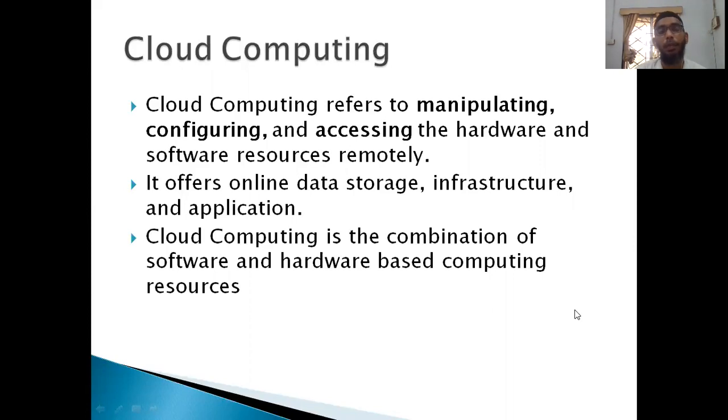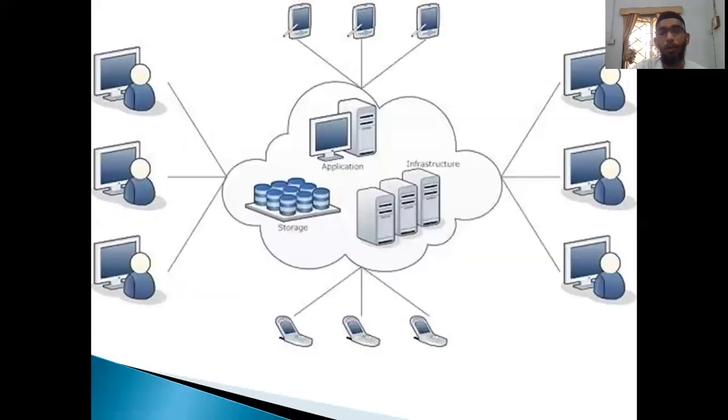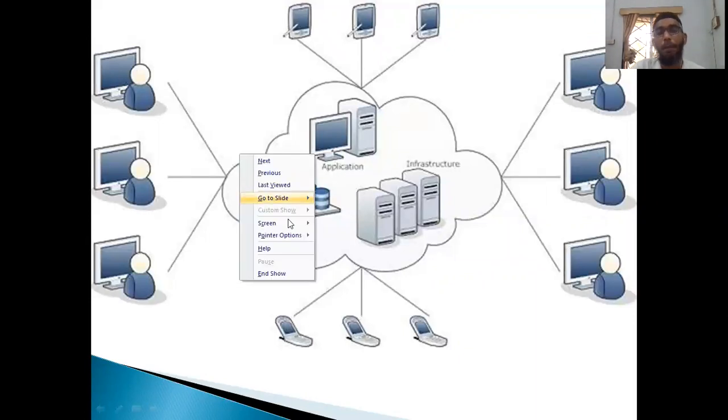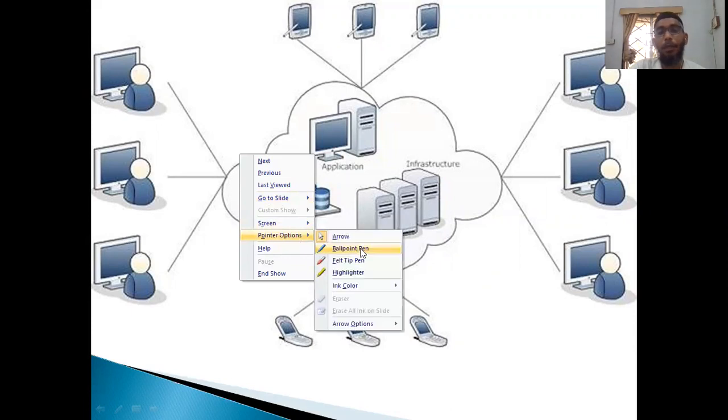It is giving you online storage, infrastructure and applications, and it is a combination of hardware and software based computing resources. So whatever computing resources are available, it is actually a combination of hardware and software. Observe the figure here.